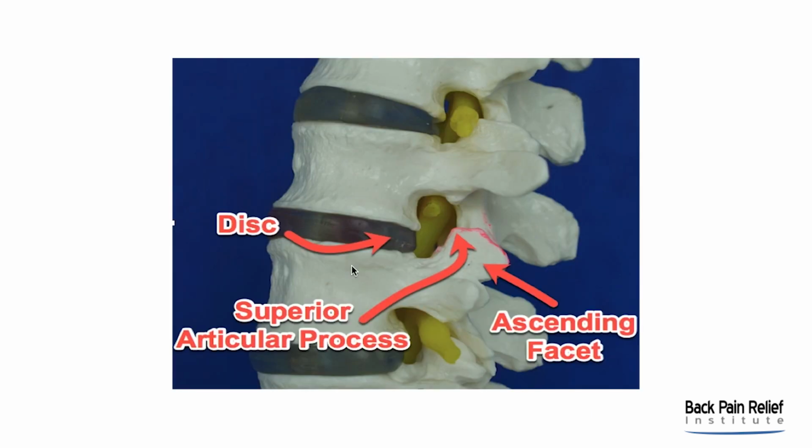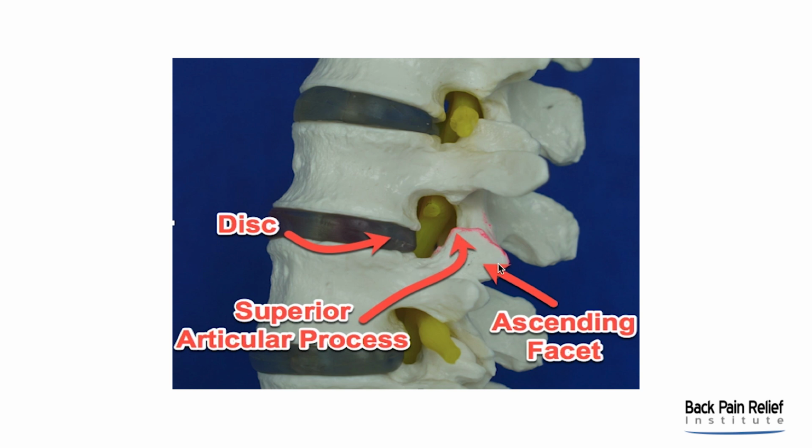In this picture, we're going to take a look at the borders of the foraminal canal in the lumbar spine. The first border is the disc. So we can see that if the disc is herniated out here into the foraminal canal, this would contribute to a space-occupying issue. Here's the vertebral body below, and we can see that off of it comes the ascending facet.